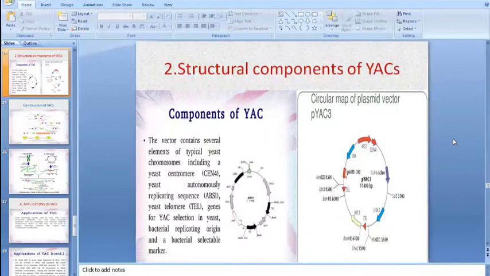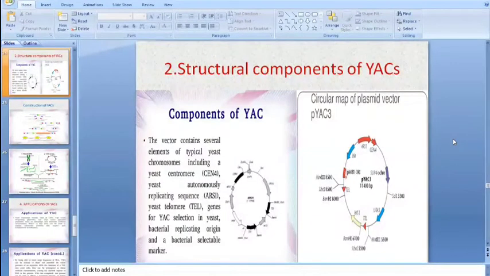Before that, I will explain the structural components of these YACs. As I told, there are two types of DNA sequence that can be added to form a YAC, or yeast artificial chromosome.